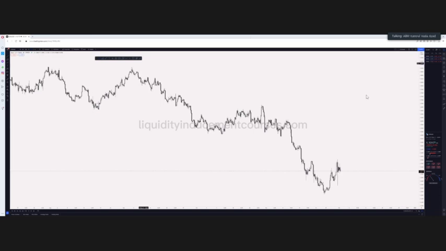Now, you see, based on substructure, there was a break here. So price continued higher. Then it continued lower. If you look at what happened here, I don't want to draw freehand because it won't be accurate.